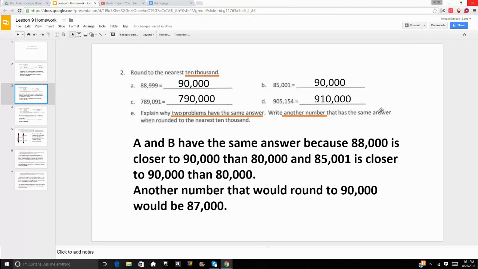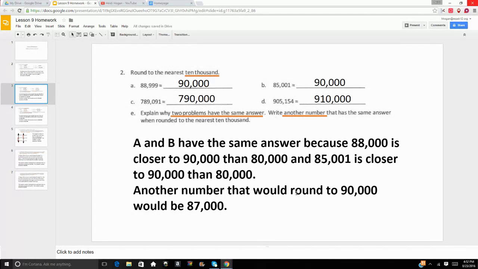And write another number that has the same answer when it's rounded. Oh. So what other number could round to 90,000? Now, there are a lot of them. So I'm hoping that we're going to get 15 different numbers, if that's even possible. And I think it might be. So what you could say is A and B have the same answer because 88,000 is closer to 90,000 than 80,000, and 85,001 is closer to 90,000 than to 80,000.